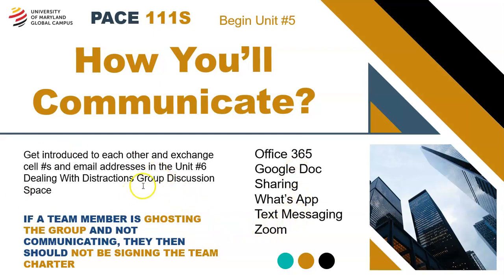We encourage you to really use the unit number 6 discussion when we get to that point, and exchange cell phone numbers and email addresses, so that everybody knows how to easily communicate with one another. We have students in this course in a variety of different time zones, so it is important that everybody respect that and that you do start communicating as soon as you can.